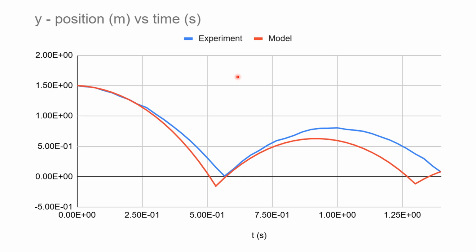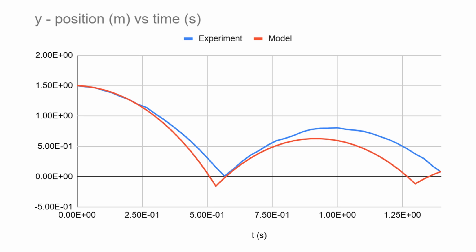When we put these next to each other with position versus time, you will see that the model lands a little ahead and also loses a little more energy. This is because drag can change depending on the tennis ball surface, so the drag won't be perfect.